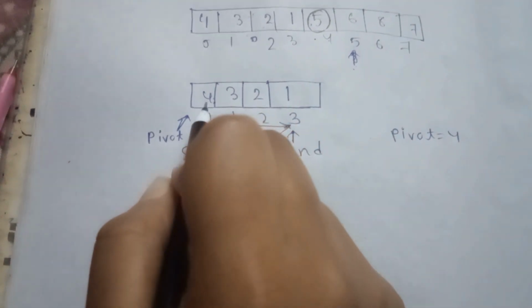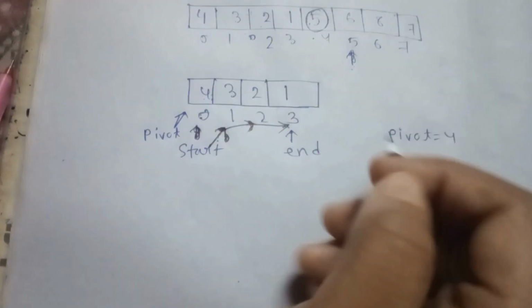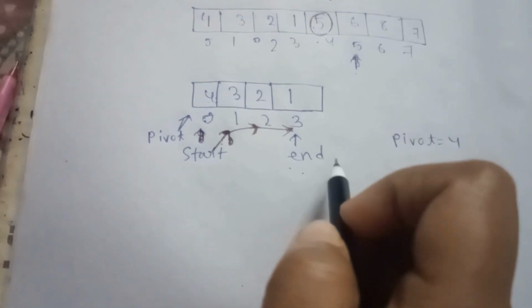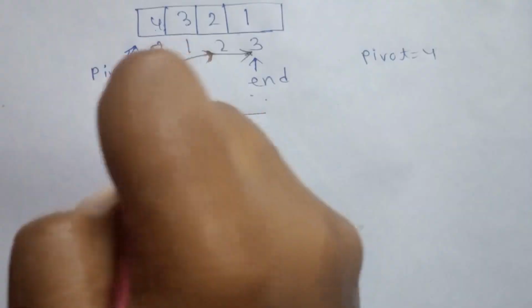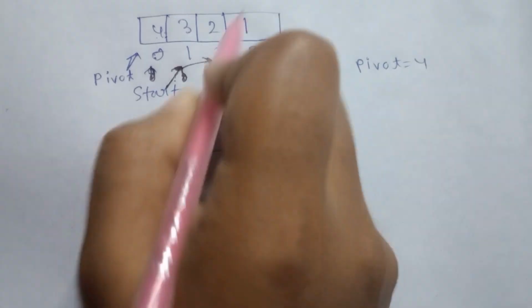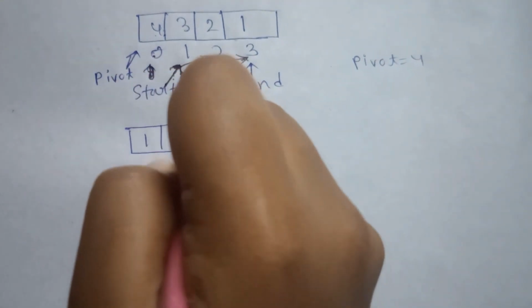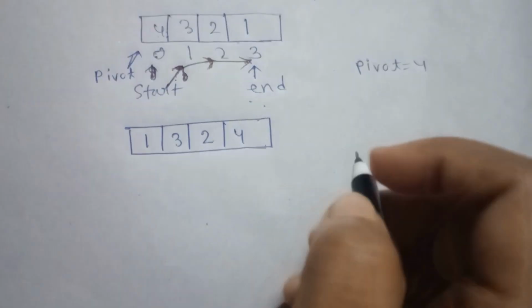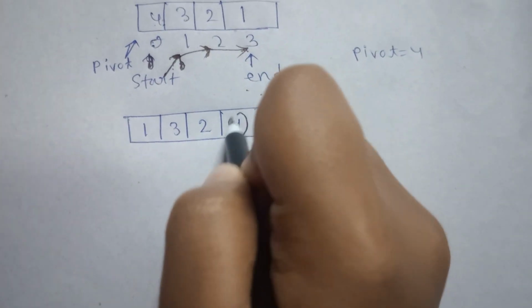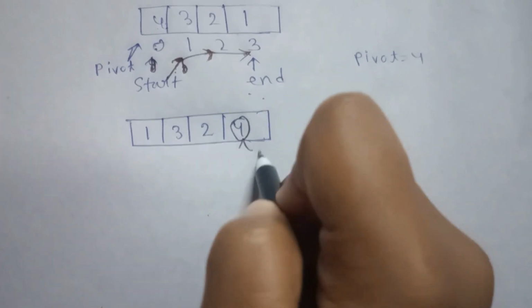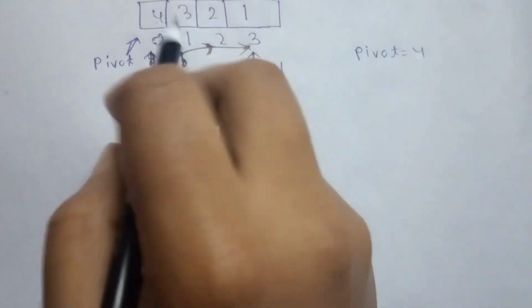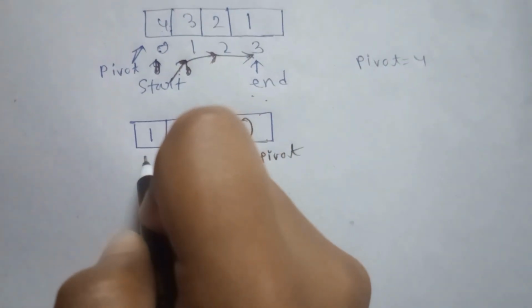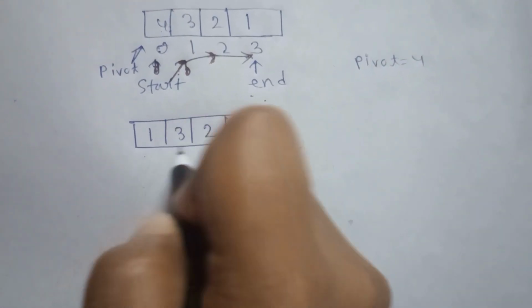Then end: 1 greater than 4, false, so I will stop end here and swap between 1 and 4. 1 3 2 4. As we see, this is the pivot, and all the left side elements of the pivot are less than the pivot element.